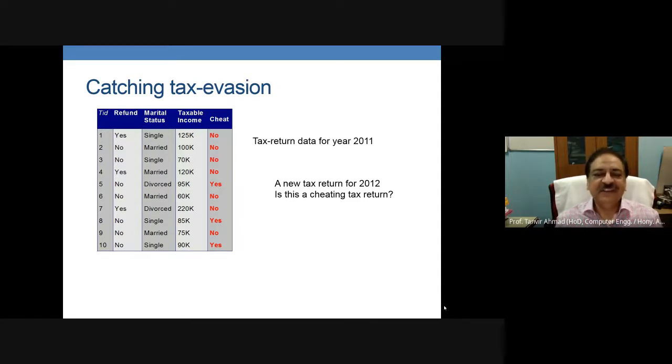That means I want to find out, if I know the refund status, the marital status, and the taxable income, is it possible for me to classify a particular person, whether he or she is doing tax evasion or cheating on tax?